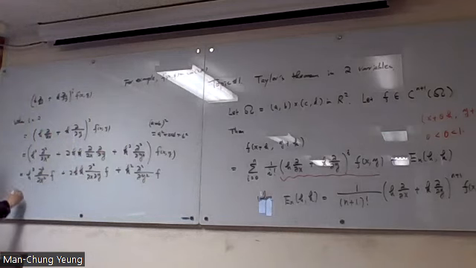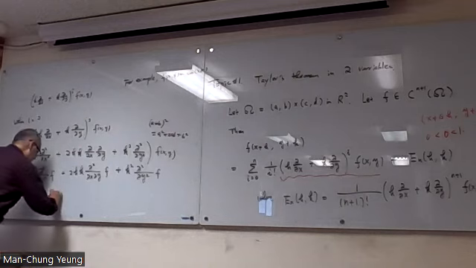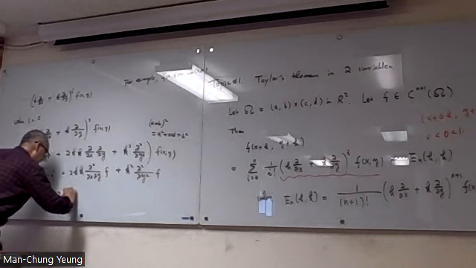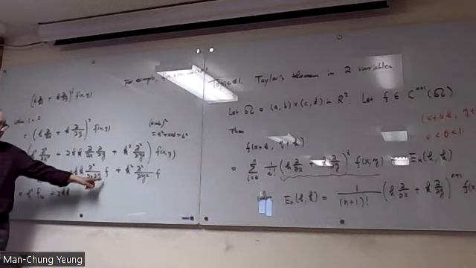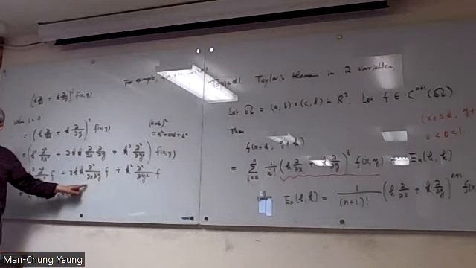The first term takes the derivative with respect to x twice. And then 2hk: take the derivative with respect to y first, then the derivative with respect to x.